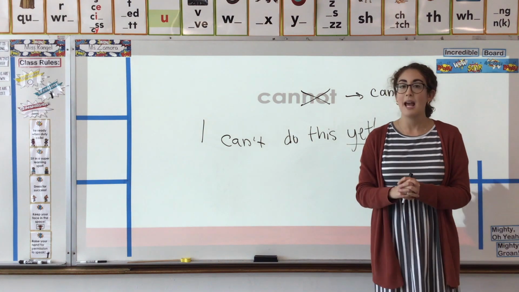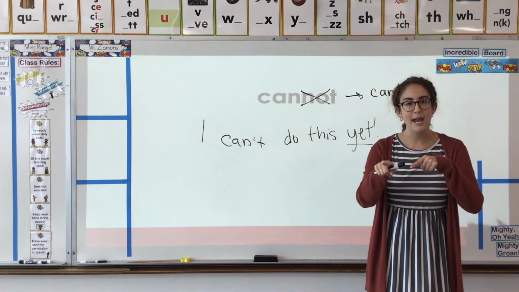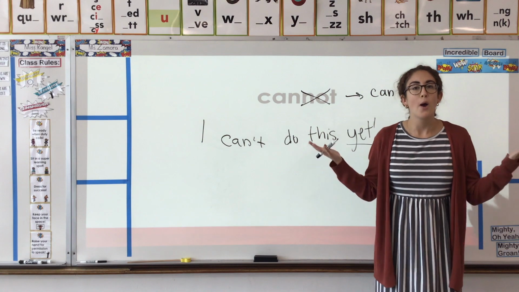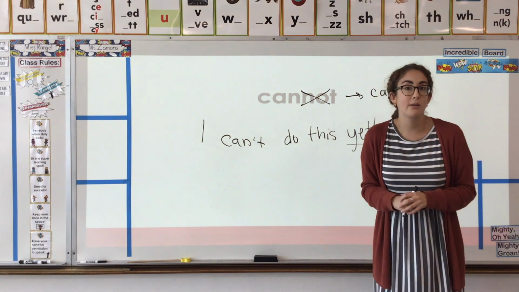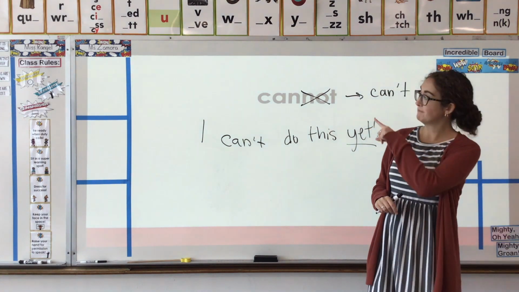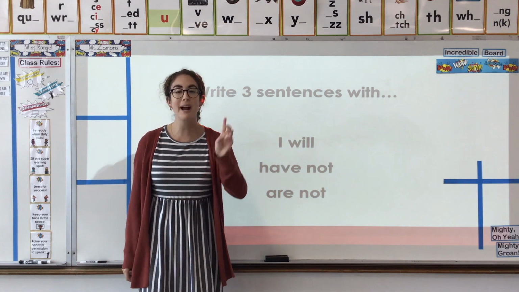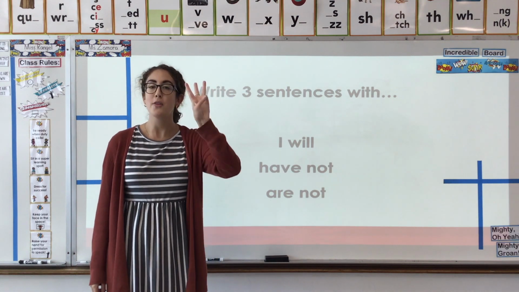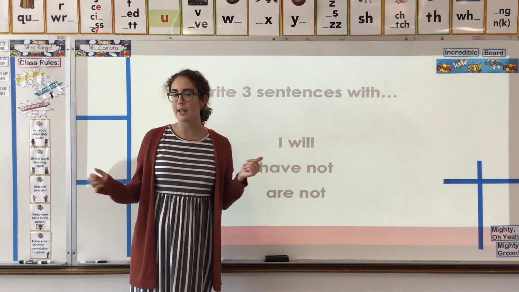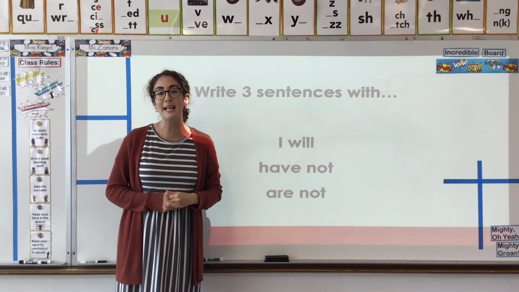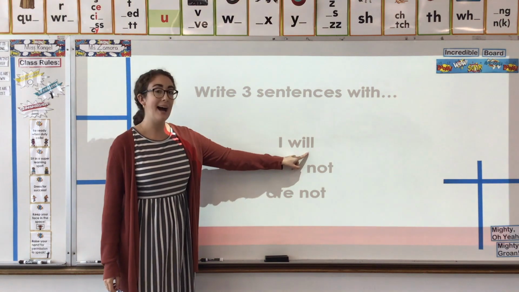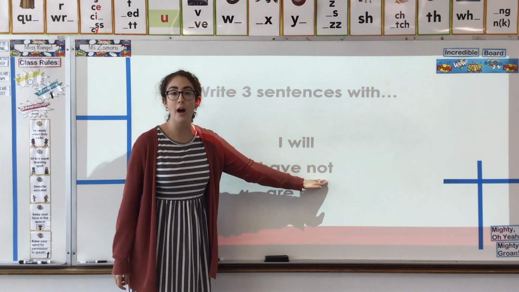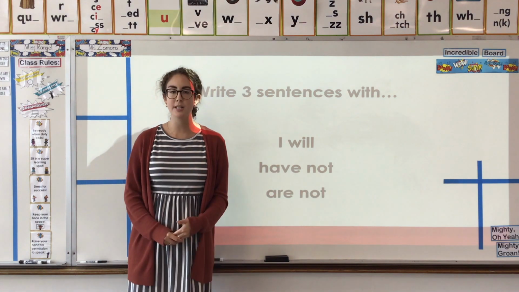So, Super Scholars, this is going to be your goal today, to write your own sentences with contractions. So let's see what you gotta do. You are gonna write 3 sentences for me, 3 sentences all using a contraction. You're gonna need to write a sentence with I will, have not, and are not.